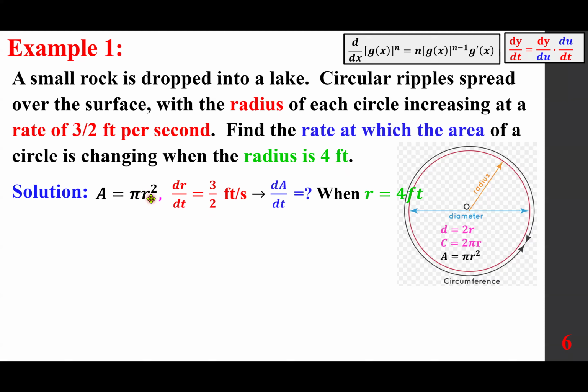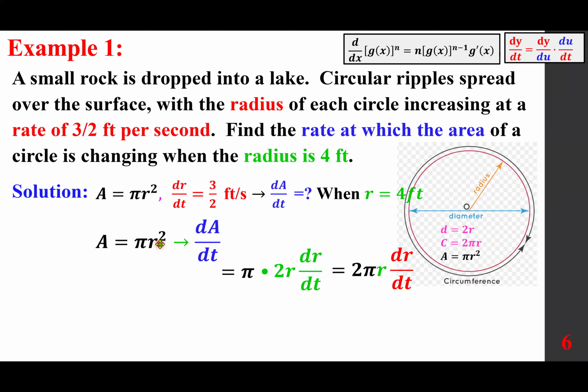So if A is pi r squared, we are looking for dA/dt. What is dA/dt? Pi remains because it's a multiplier, a coefficient. You just work with r squared, you get 2r dr/dt, which means 2 pi r dr/dt.